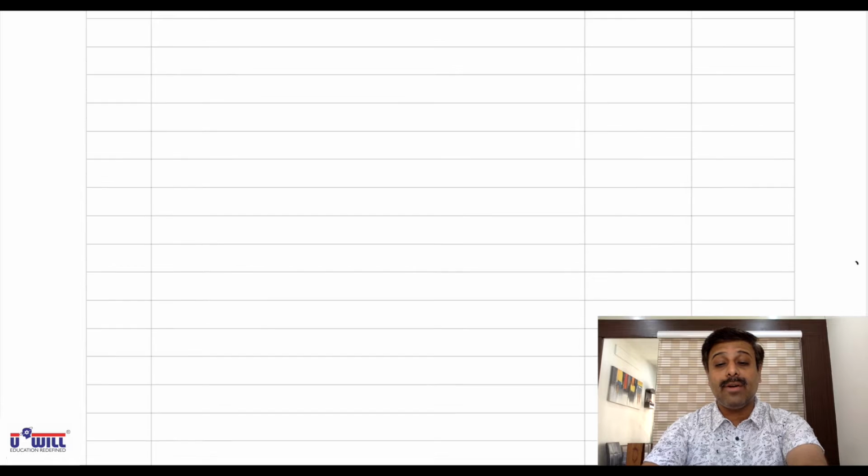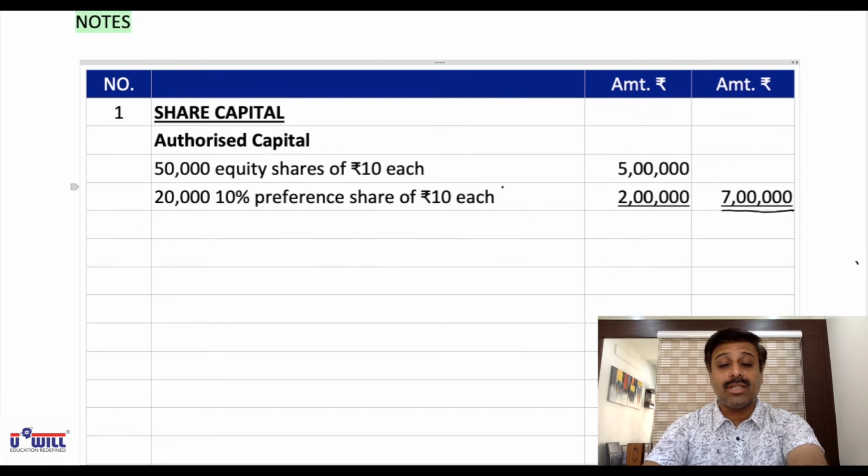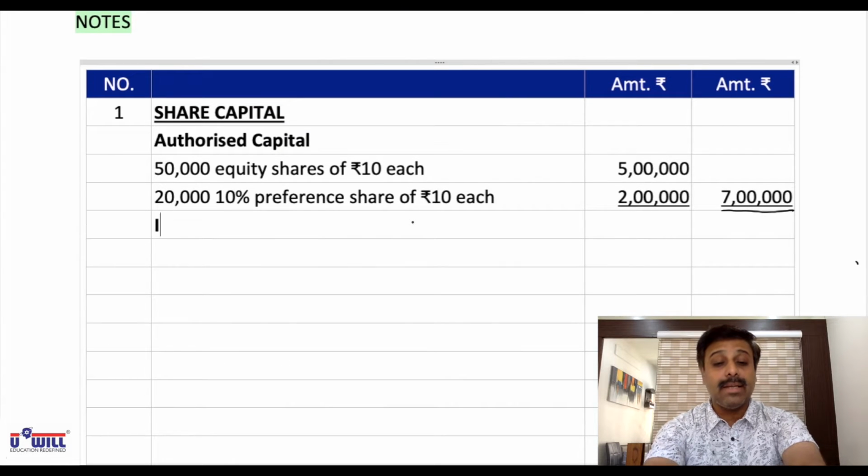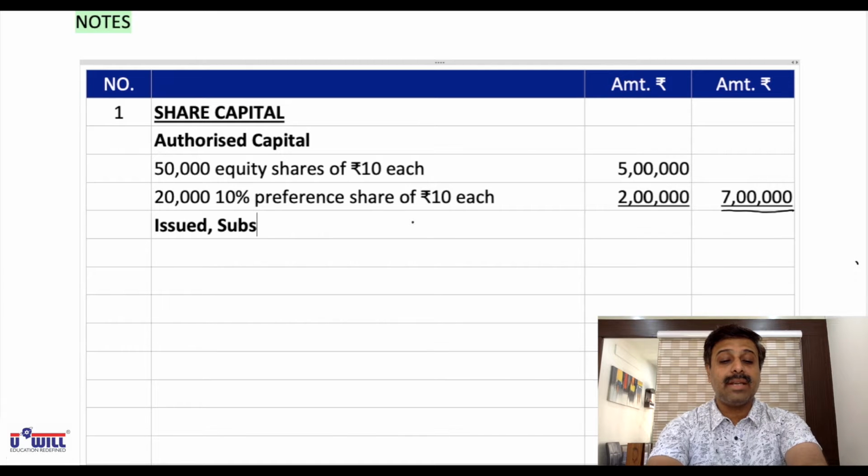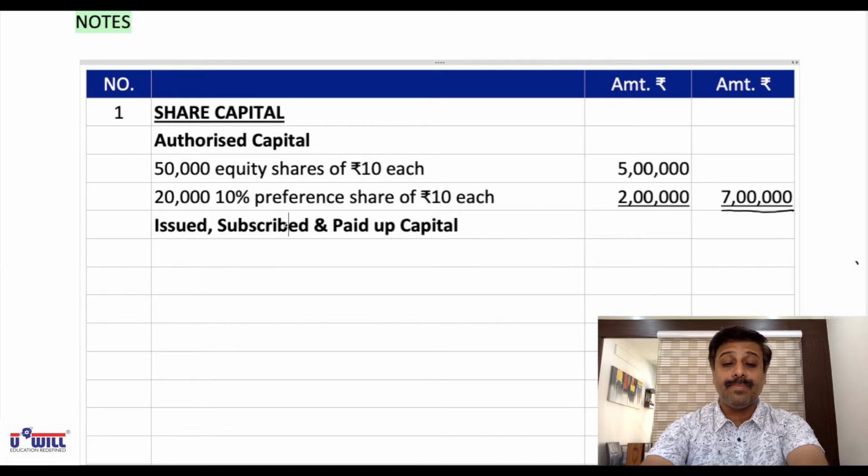So all of you write down 10,000 equity shares of rupees 10 each. Where will you write this? Under issued, subscribed and paid up capital.